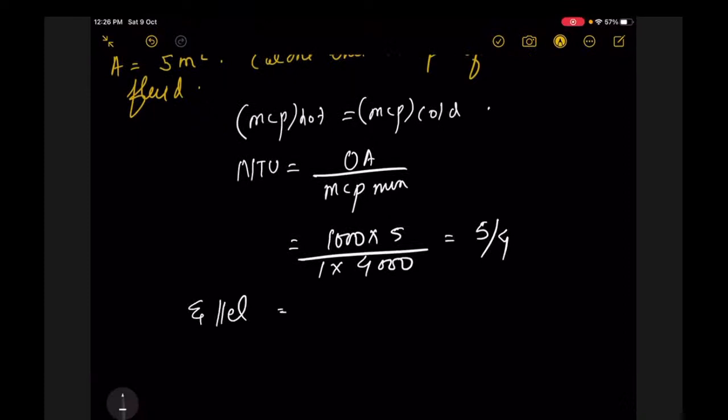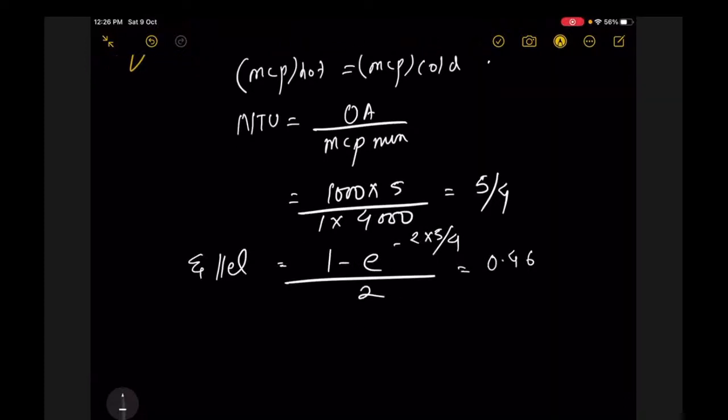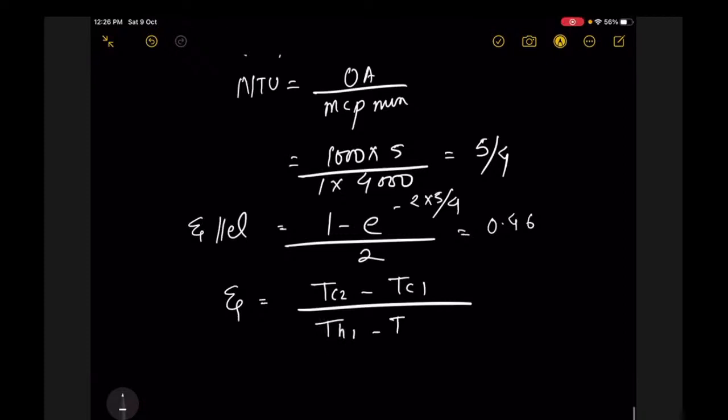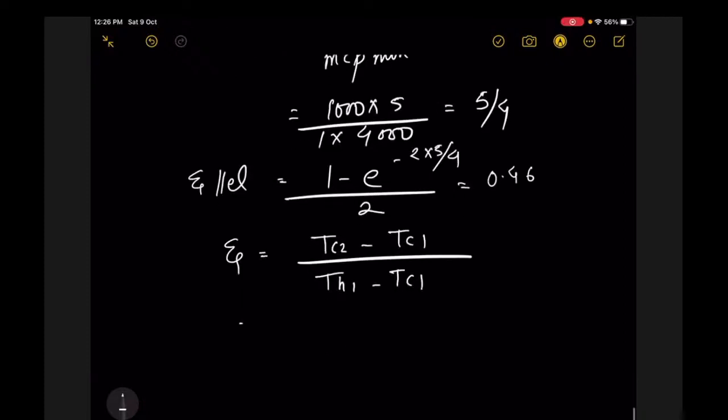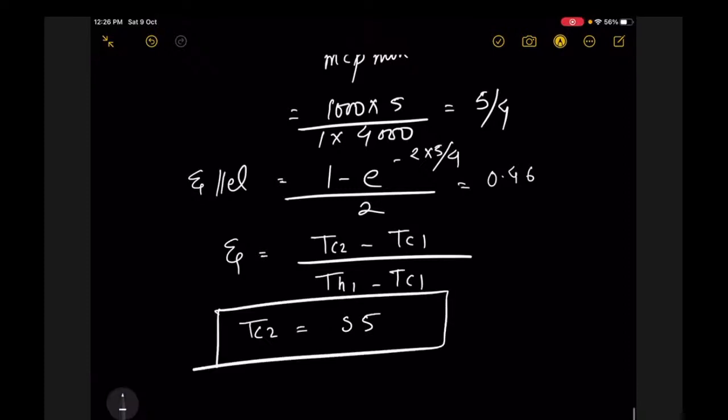Efficiency of parallel flow equals 1 minus e to the power minus 2 into 5 by 4, divided by 2, equals 0.46. So efficiency equals (TC2 minus TC1) upon (TH1 minus TC1). So TC2 equals 55. So this is being asked in the GATE.